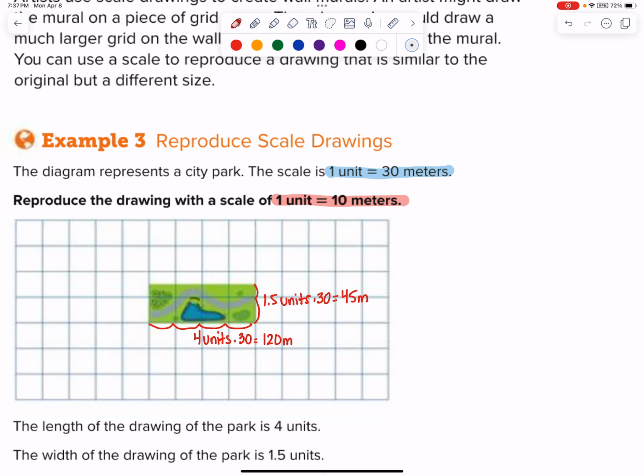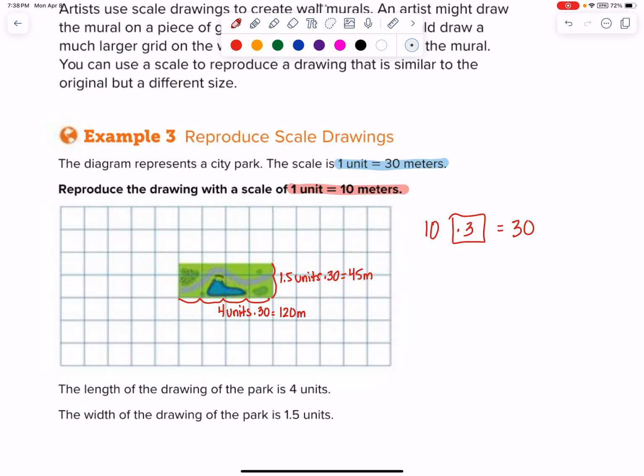From 10, what would you multiply by to get to 30? Well, 10, 20, 30. We would multiply by 3. So we're changing the scale by what's called a scale factor of 3, because we're going from 1 unit is 30 meters to 1 unit is 10 meters. And so our picture is actually going to get bigger.